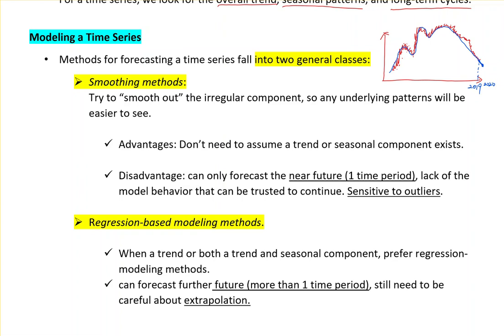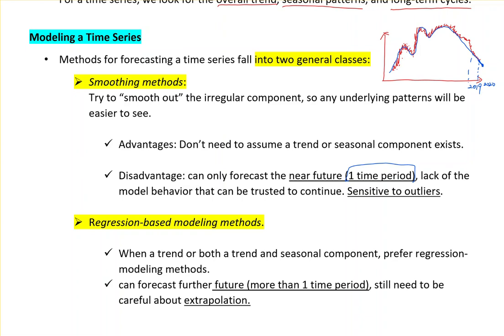But the disadvantage is you can only forecast the near future, which is only about one time period. If your period is one year, recorded every year, then you can only make the prediction for the next year.